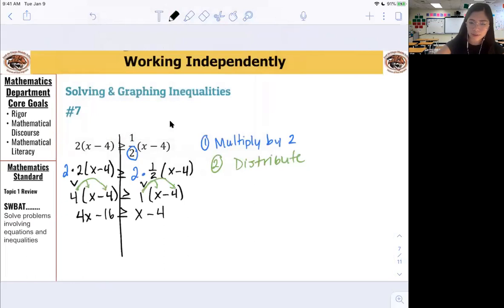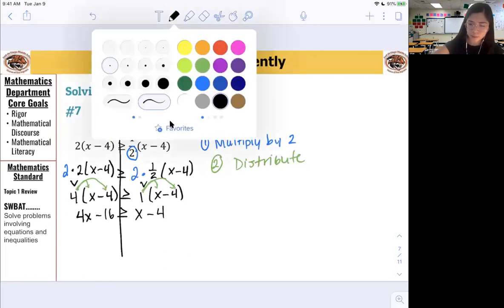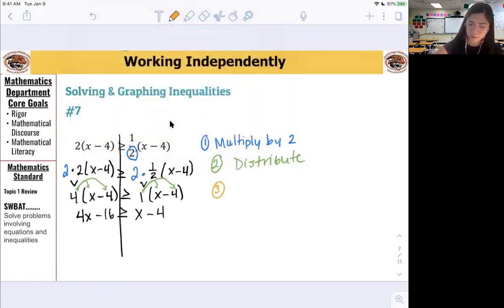I have x's on both sides. That is bad. Let's move one over. I'm going to move my x to the left by subtracting. 4 minus x is 3x. And I bring down my negative 4.